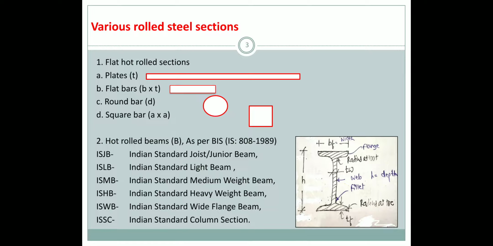ISLB, Indian Standard Light Beam. ISMB, Indian Standard Medium Weight Beam. ISHB stands for Indian Standard Heavy Weight Beam. ISWB, Indian Standard Wide Flange Beam. ISSC stands for Indian Standard Column Section. These are a few hot rolled beams.